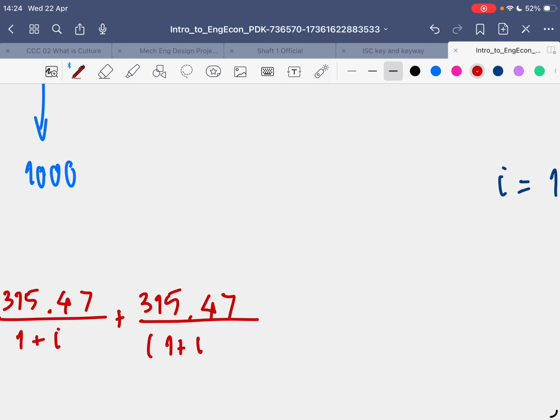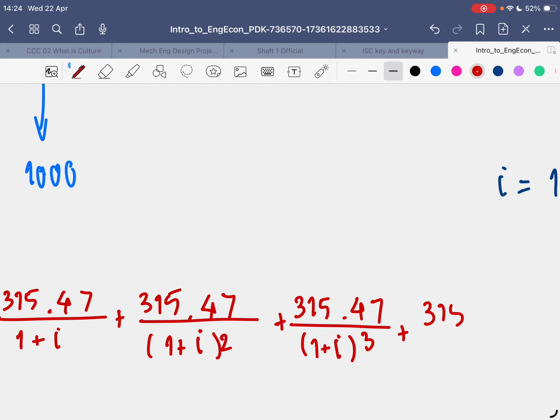And you solve it, find I, you will get the same solution. Either way, gonna give you the same solution. Any questions?